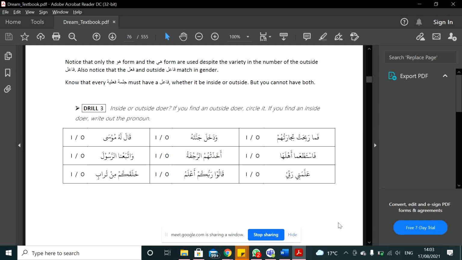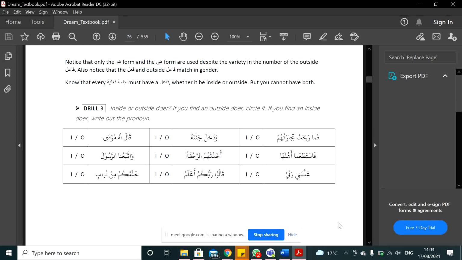And ahla we forget because ahla could be something else, but it's not an outside doer at the moment. Because istata'ama is in huma format, not in huwa format. Okay. Sister Lippy.